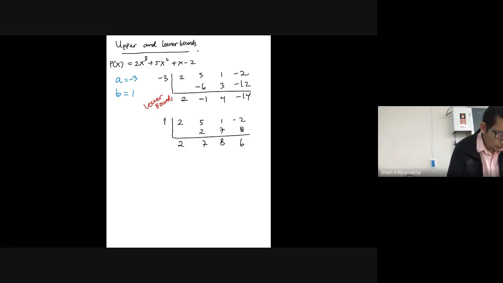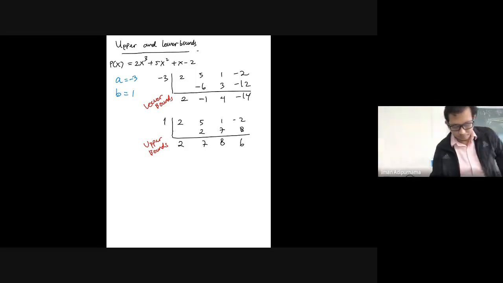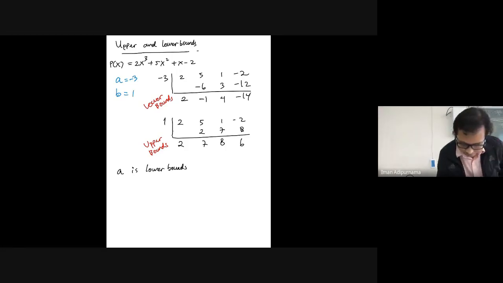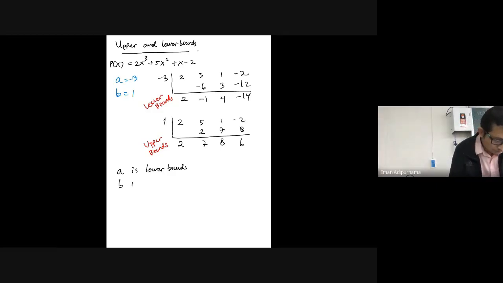The second case is an upper bound. So a is a lower bound and b is an upper bound, both for the zeros of the polynomial.